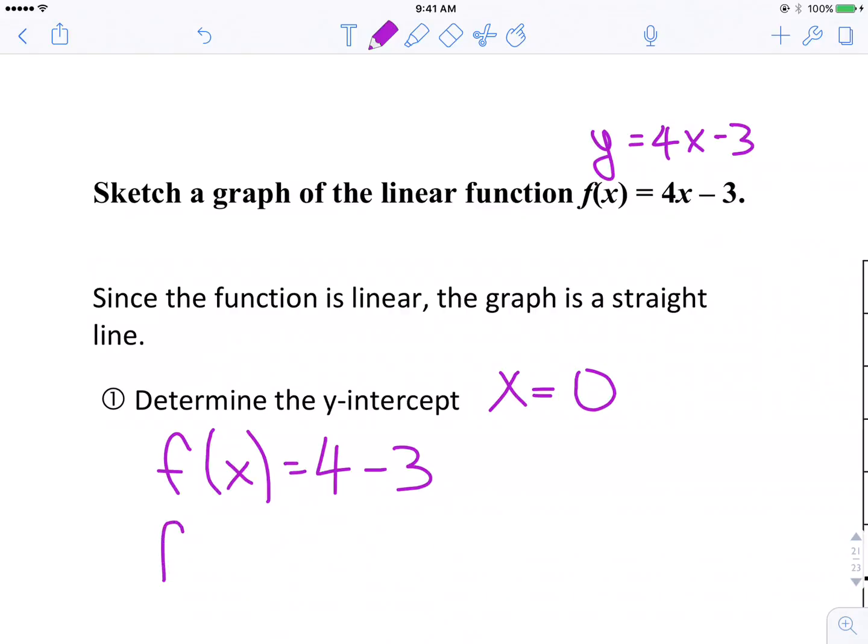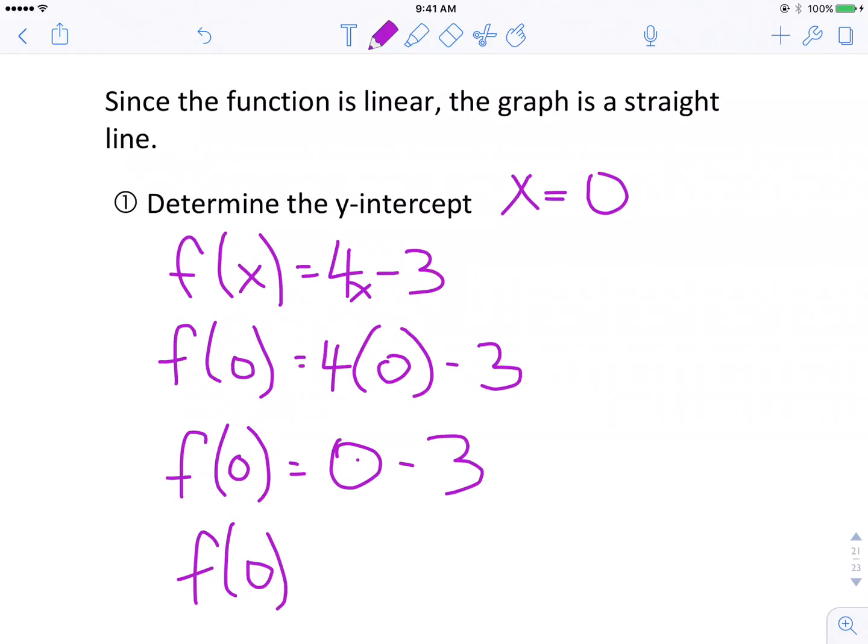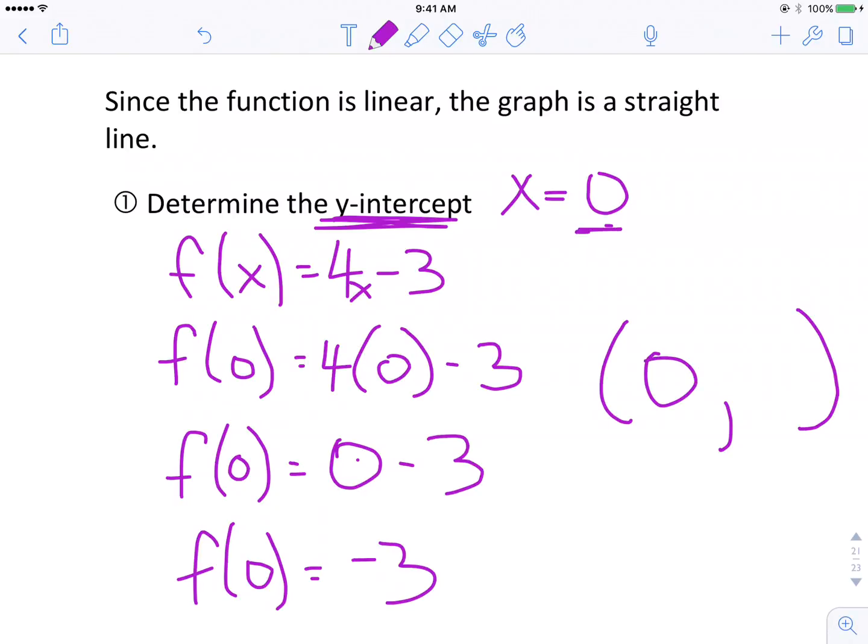But I want f of 0, which is going to be 4 times 0 minus 3, which is 0 minus 3, which is negative 3. So my coordinate point for my y-intercept, where it crosses the y-axis, is an x of 0 and a y of negative 3.